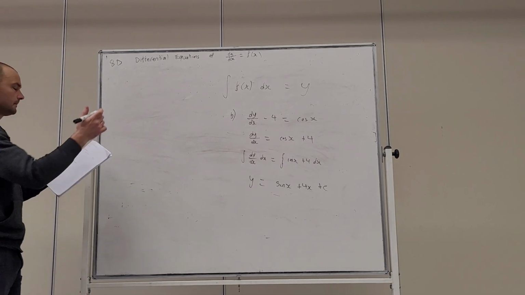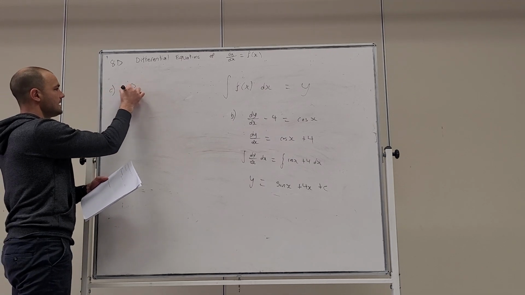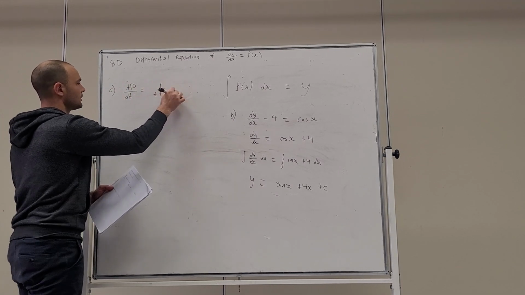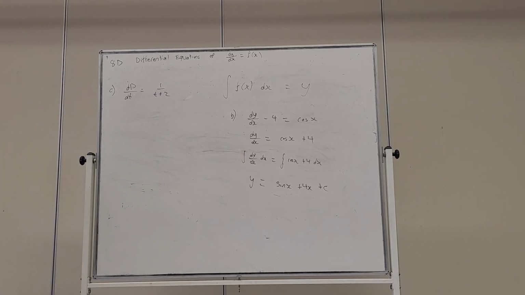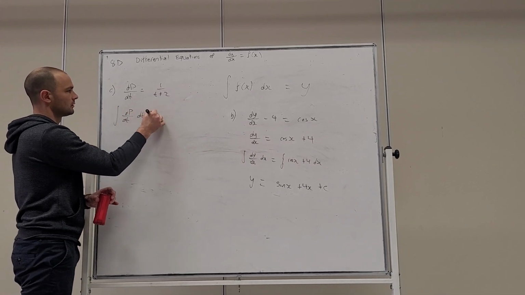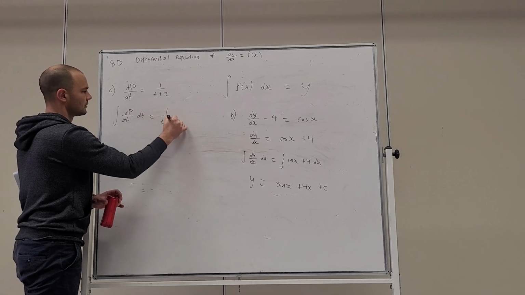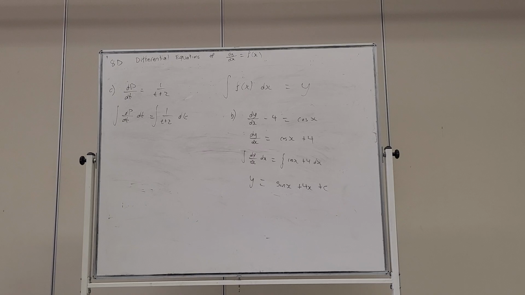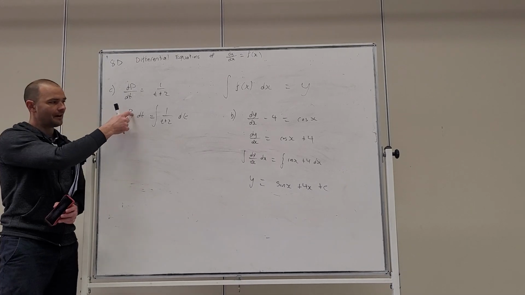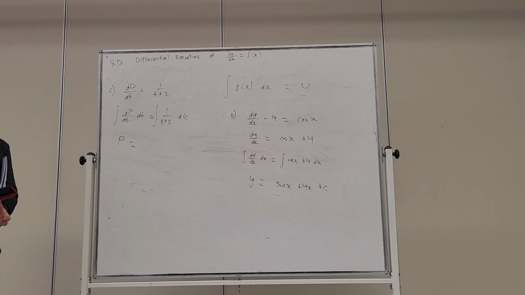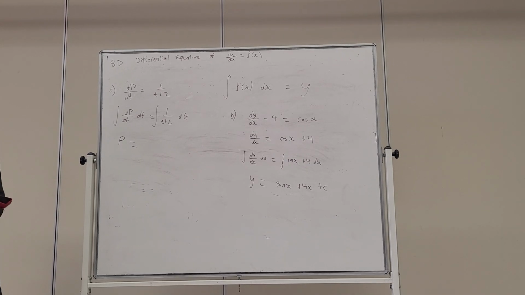All right, c. dp on dt is 1 on t plus 2. Okay, integrate both sides with regards to t. So over here, our variable that we're integrating to is p, and on the right-hand side we have 1 on ax plus b.